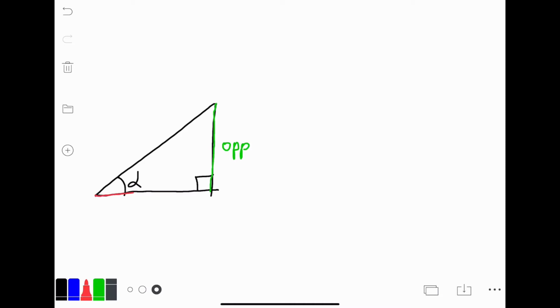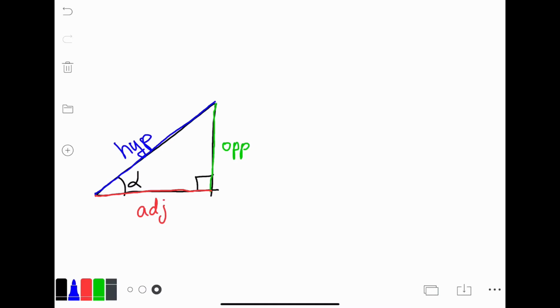Now this side here, which I'm drawing in red, is what we call the adjacent side to angle alpha. Adjacent just means next to. So it is the side that is right next to the angle alpha. And the side here, which I'm going to draw in blue, is, as we said before, called the hypotenuse. The hypotenuse is the side of a right triangle that's opposite the 90-degree angle.